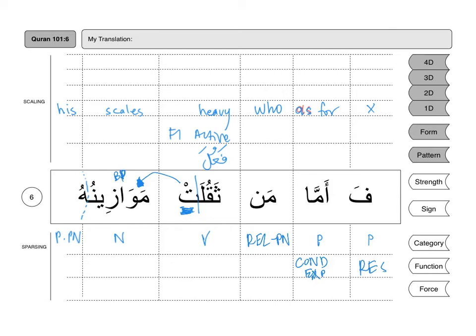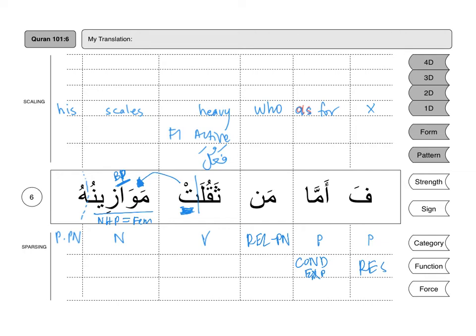Remember the formula, a broken plural, a non-human plural, which is here non-human. So non-human plural, NHP, is equal to feminine.